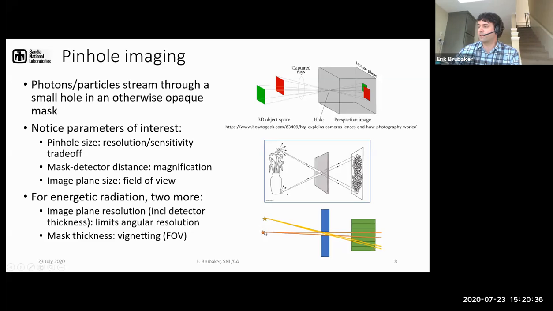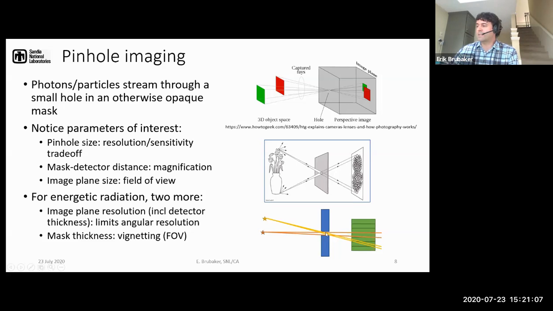So you can see here for a source at the orange star location, as it streams through that mask, it's going to hit 1 pixel in this detector cartoon here, whereas the one at the yellow location streaming through the mask, because it's coming in at an angle, particles could be detected in any of the 3 bottom pixels in this cartoon. So that's a contribution to the image resolution, as well as just the size of each element, which may be limited by other factors.